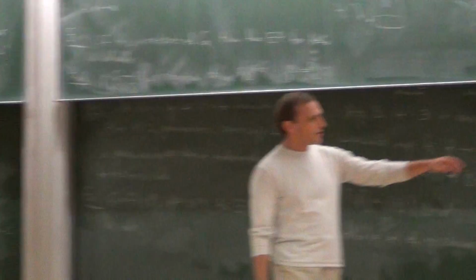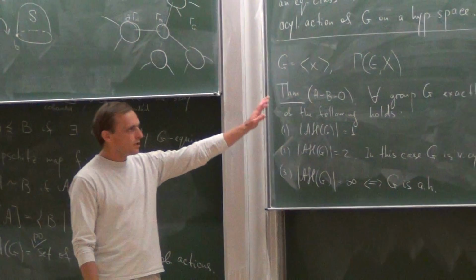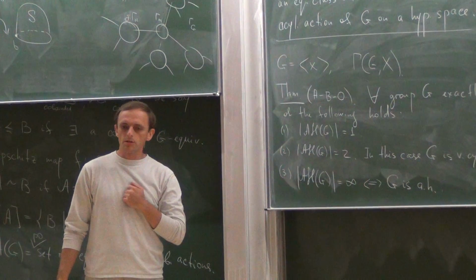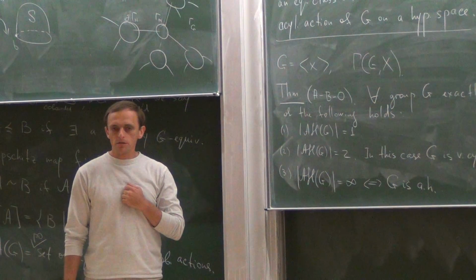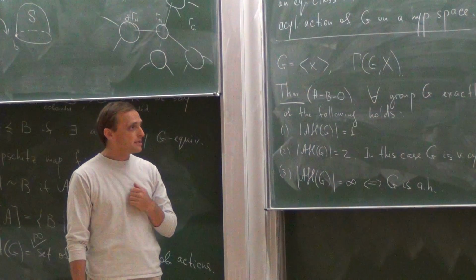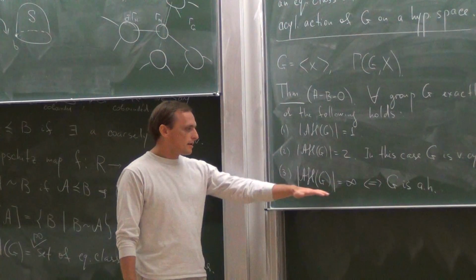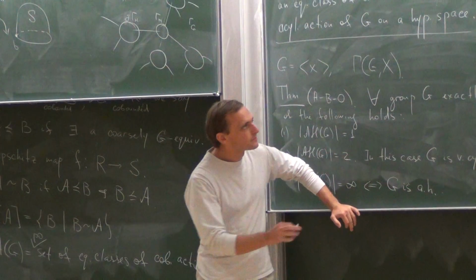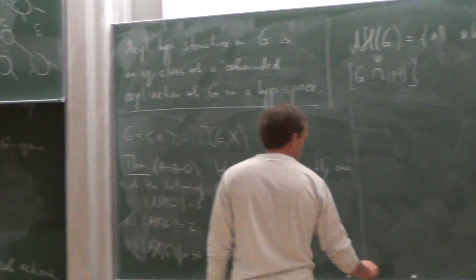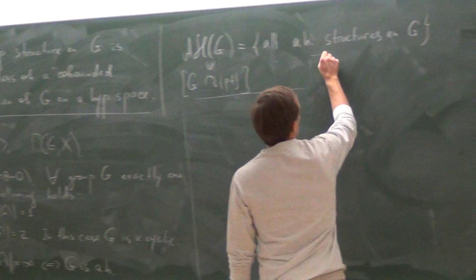Okay? Now this is not very difficult. This actually follows from the classification of acylindrical actions of a group on hyperbolic spaces, which I mentioned in my first lecture, and well, plus some easy tricks related to hyperbolically embedded subgroups.